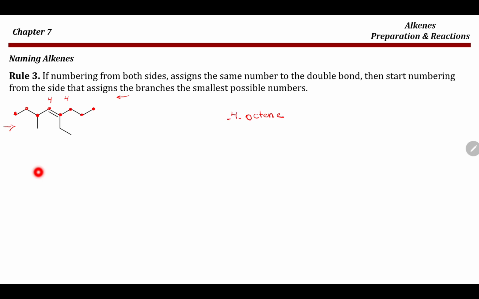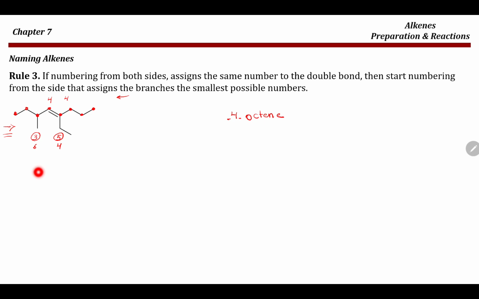However, if I start counting from the left side, the branches will be at position 3 and 5. Counting from the right side, the branches will be at position 4 and 6. So definitely we have to choose the smaller numbers. That's why we will choose those 2.